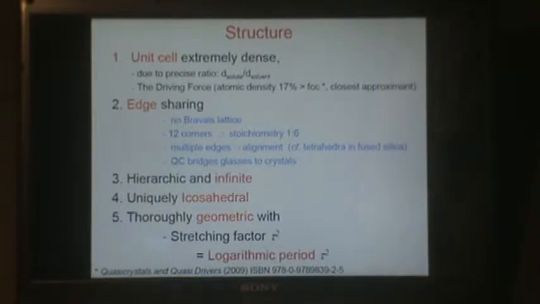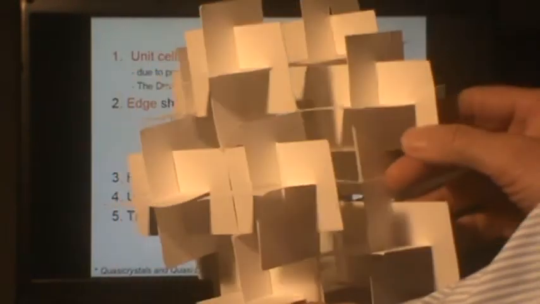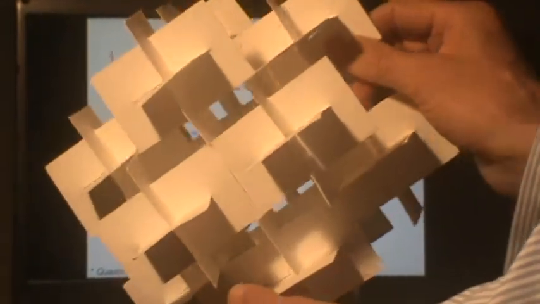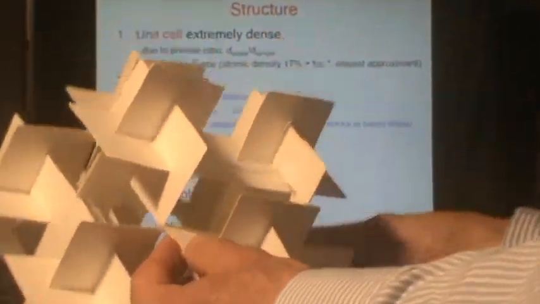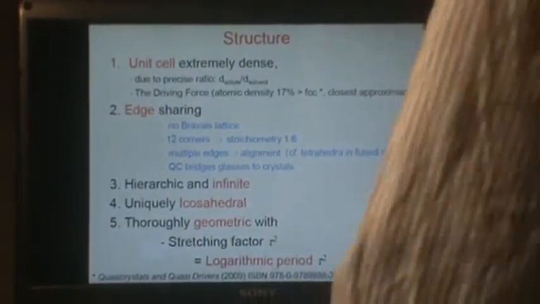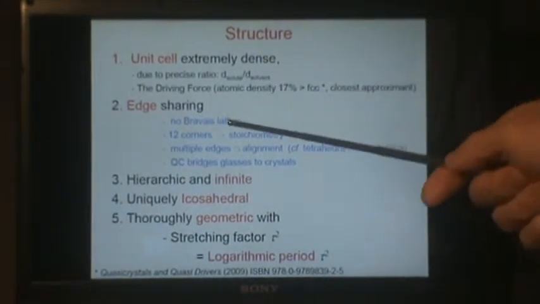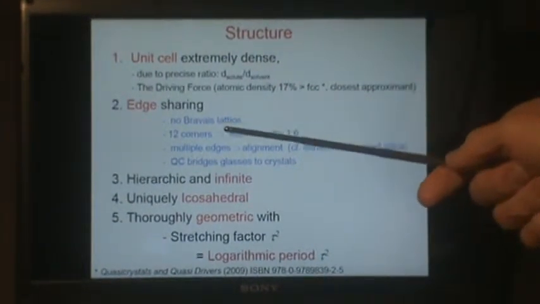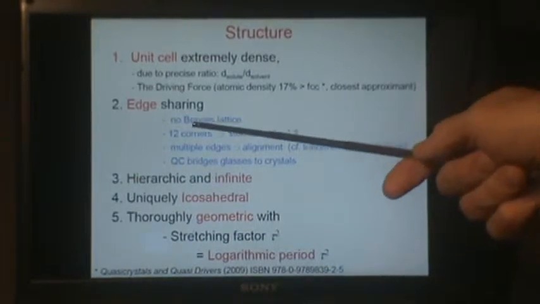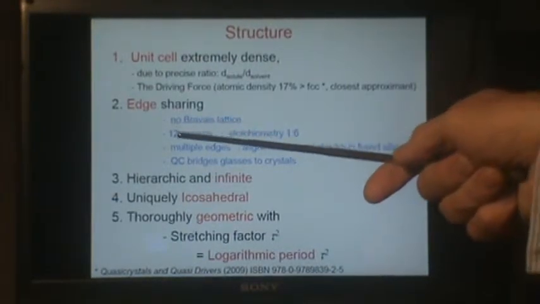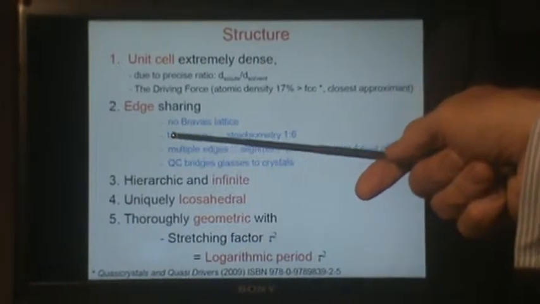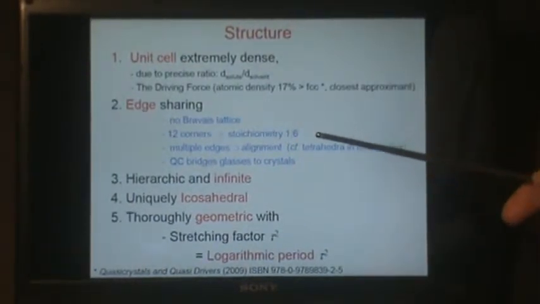The unit cells are edge-sharing, not face-sharing as in crystals. And this has 3 consequences. There's no Bravais lattice. The stoichiometry is 1 to 6. This is because there's 1 central atom and 12 corner atoms edge-sharing, divide by 2, 1 to 6.